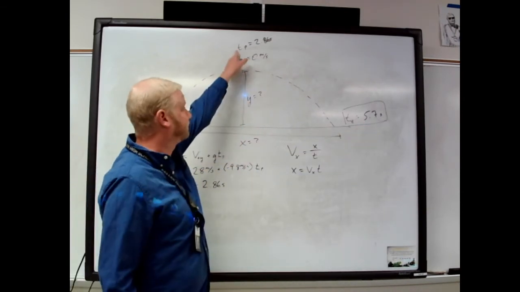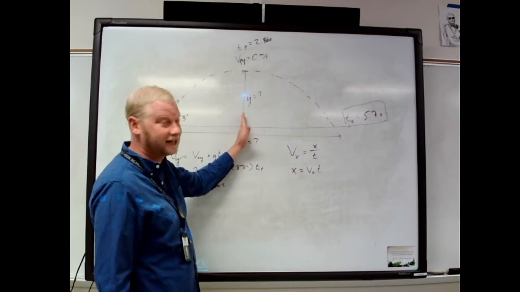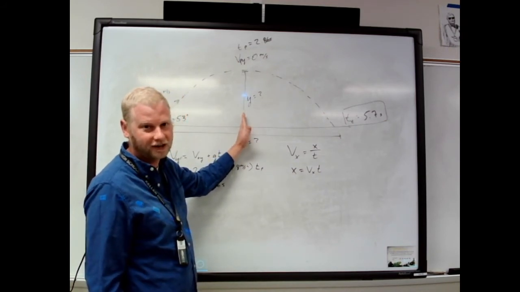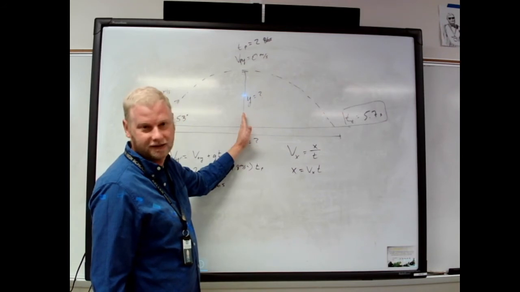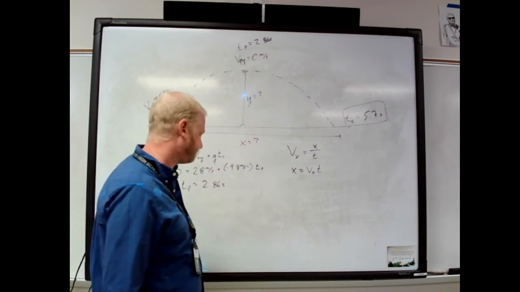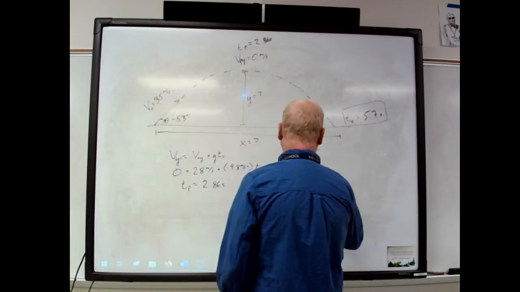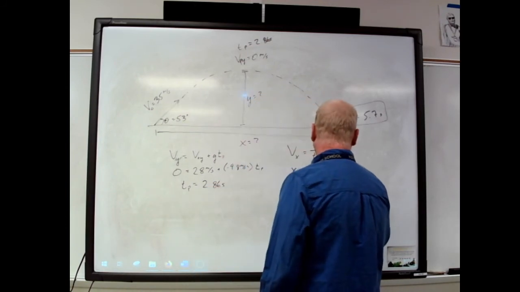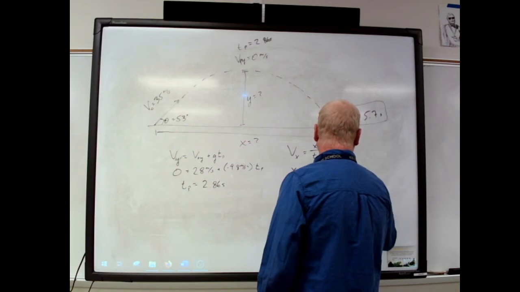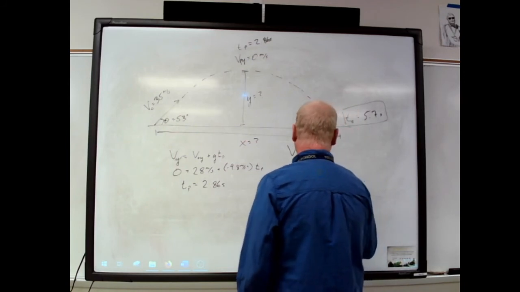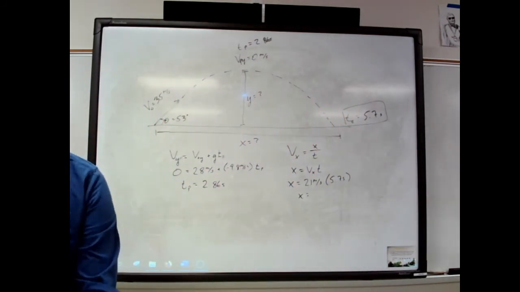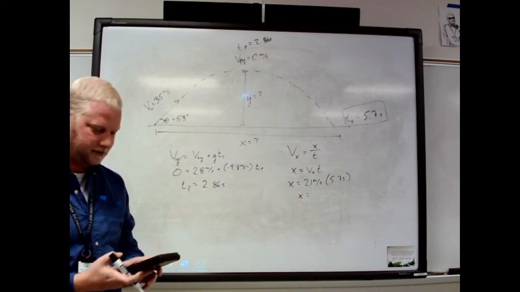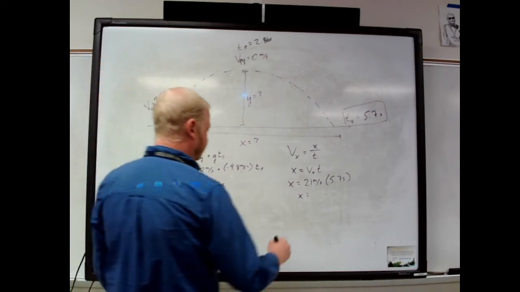Now, if you plugged in your peak time, you would be only finding how far it went horizontally to the halfway point. So, x is equal to that 21 meters per second constant speed times 5.7 seconds. So our range there, 5.7 times 21, is 120 meters.